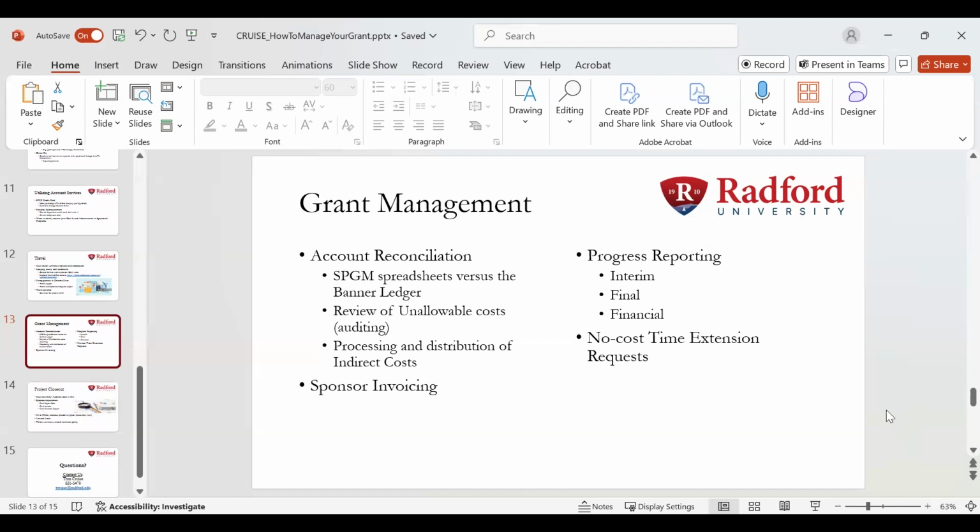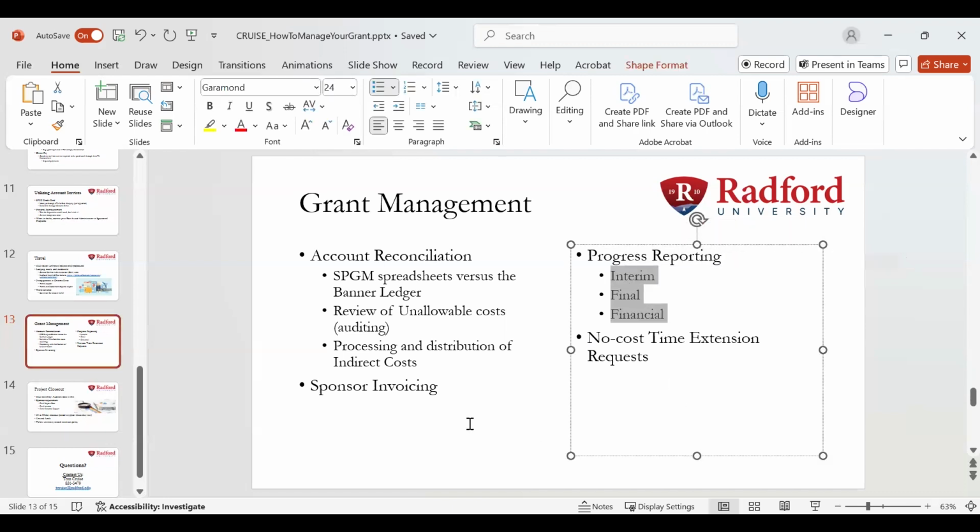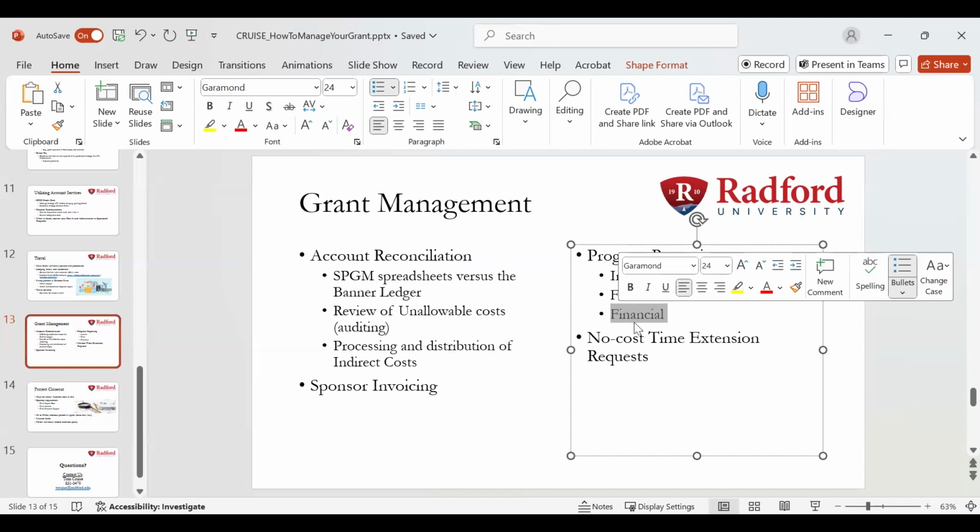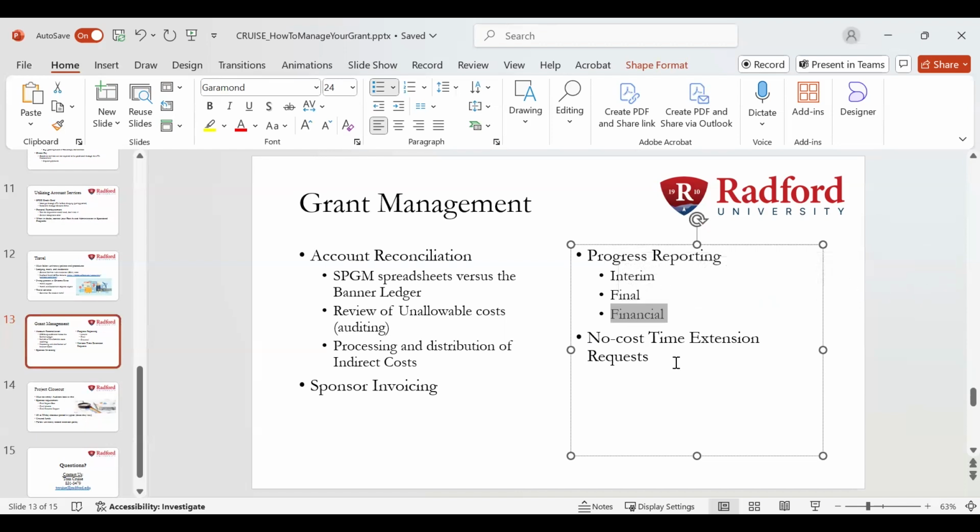One big thing about Project Closeout is reporting. Make sure that you understand what's required and expected of you. Oftentimes we'll find that we have progress reports that are interims, finals, and then the financial report. Sponsored Programs will work with you and the financial reporting office on the financial report. But I just wanted to focus in on progress reporting.